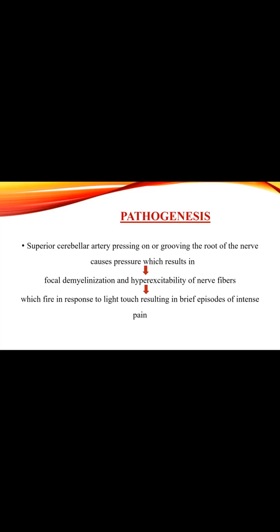Since the superior cerebellar artery is compressing the root of the nerve, the pressure within the nerve increases, and focal demyelination happens, making the nerve fibers hyperexcitable. Due to this hyperexcitability, even a light touch makes the nerve fibers fire very heavily, resulting in brief episodes of intense pain.